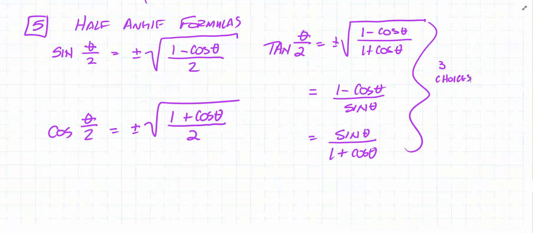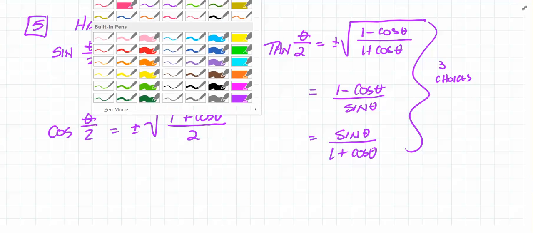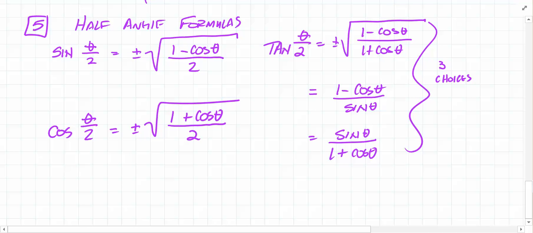Okay, these should already be in your toolbox, but I just want to make sure that if they're not there, I at least talk about them. These are called half angle identities because we are taking a theta and cutting it in half. So far we had double angle identities, half angle identities, sum identities. There's only one choice for cosine and sine.